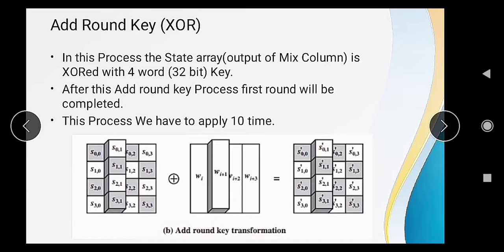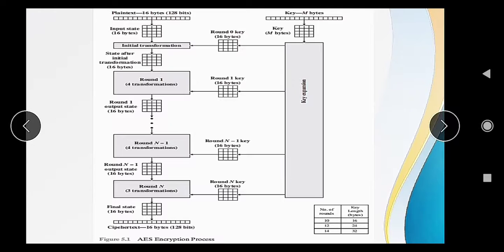Okay, after this process, the first round will become completed. Here we applied 4 processes. First one is the sub bytes, then shift row, then mix column, and the last one is add round key.